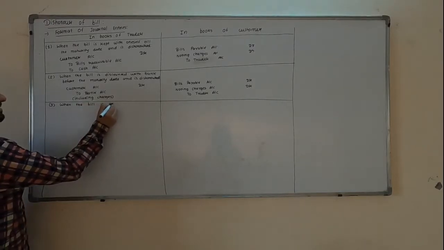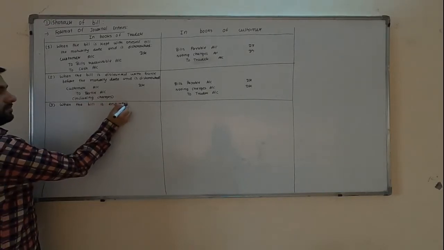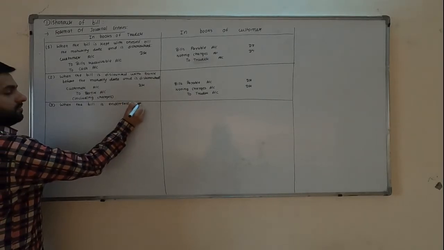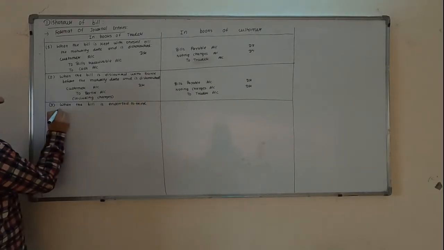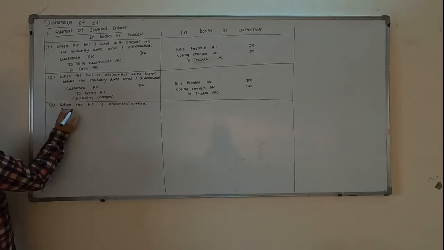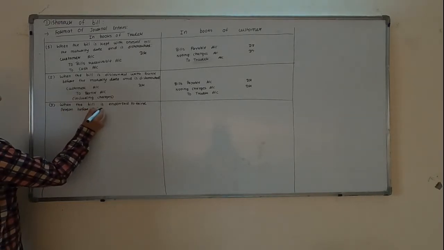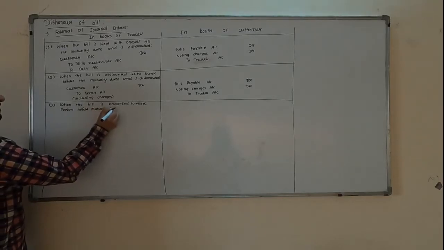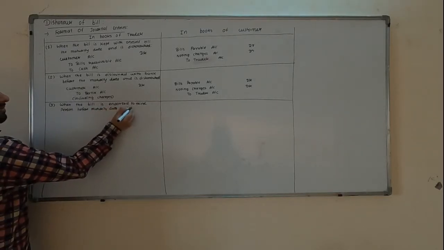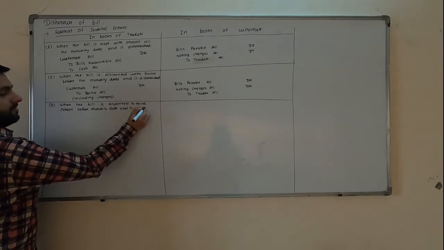Now number 3, when the bill is endorsed to third person before maturity date and is dishonored.